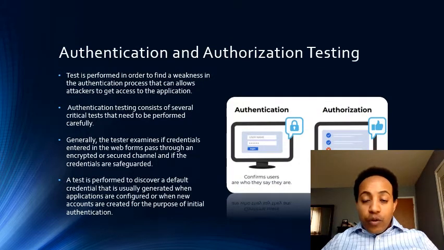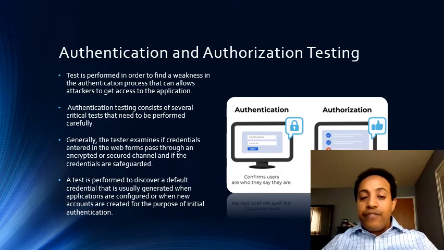Test is performed in order to find weaknesses in the authentication process that can allow attackers to get access to the application. Authentication testing consists of several critical tests that need to be performed carefully. Generally, the tester examines if credentials entered in the web form pass through an encrypted or secured channel.